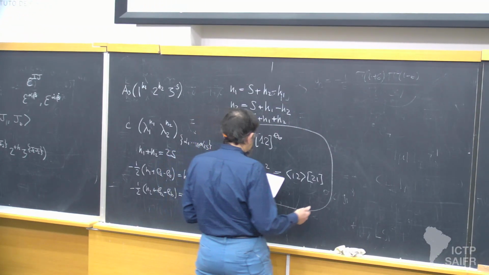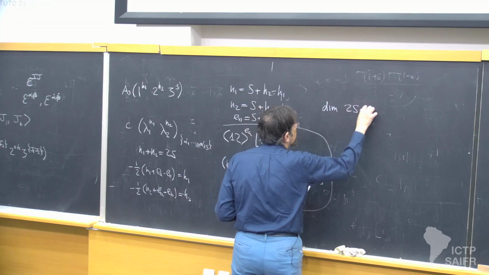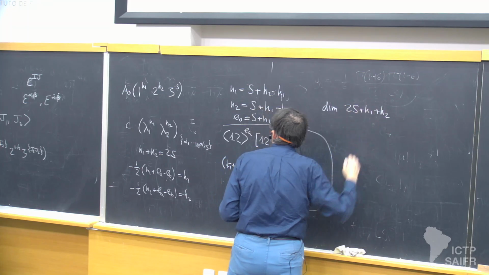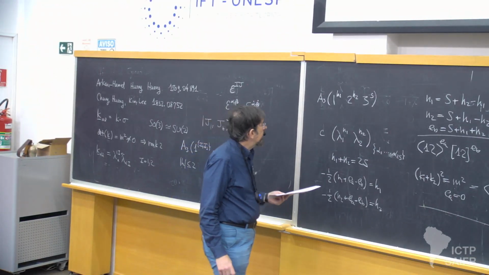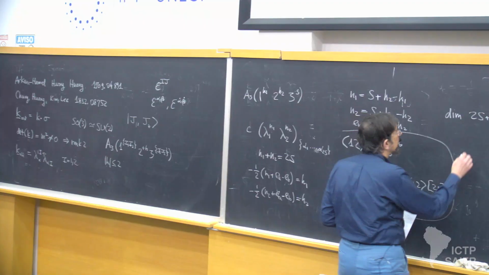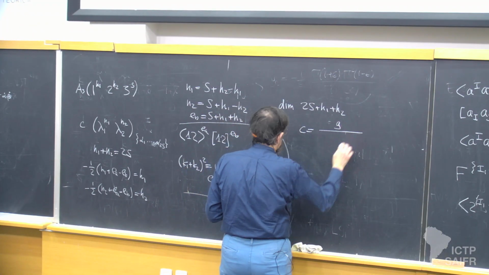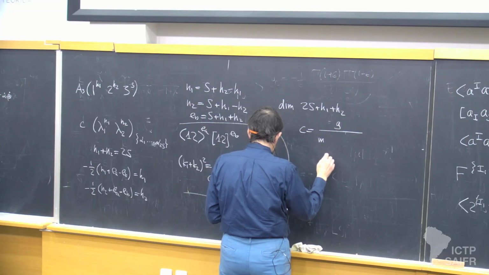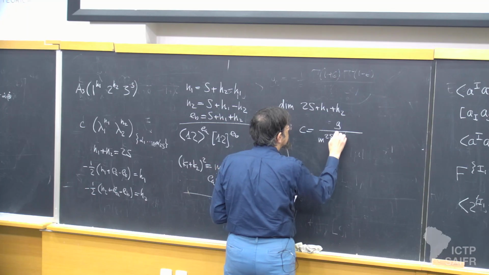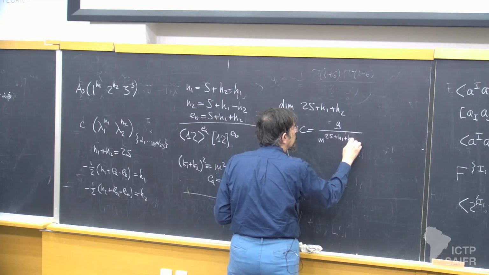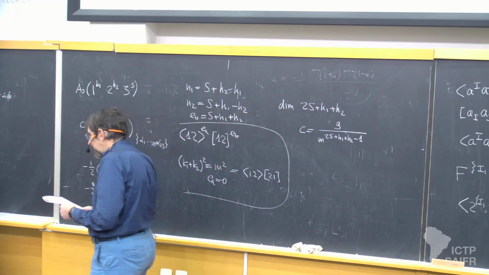So the overall dimension here is going to be 2s plus H1 plus H2, but a 3-point amplitude should have dimension 1. And so in addition to some coupling, that means we have to divide out by a dimensionful scale. And so it's going to be m to the 2s plus H1 plus H2 minus 1. So that's what the constant is in this form.